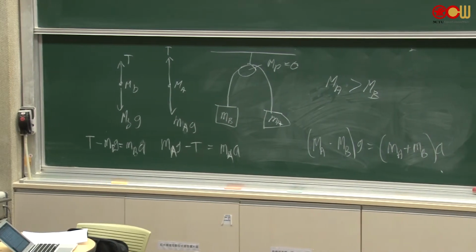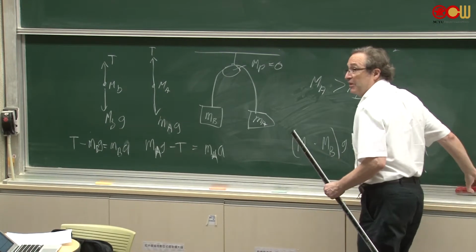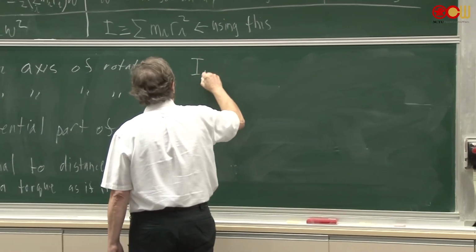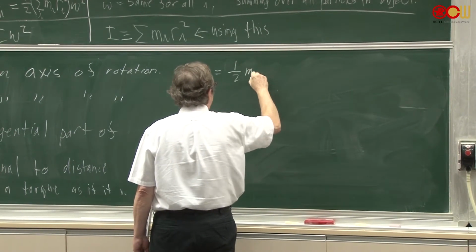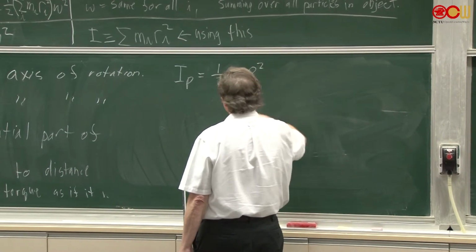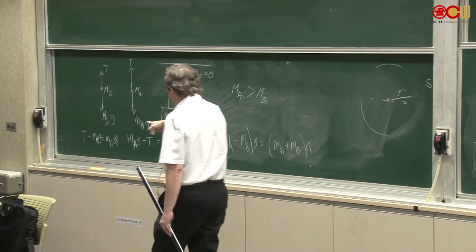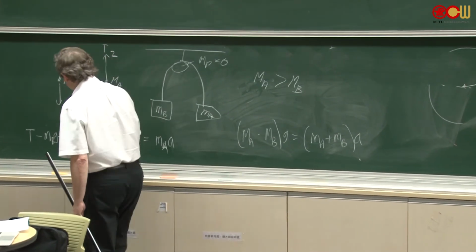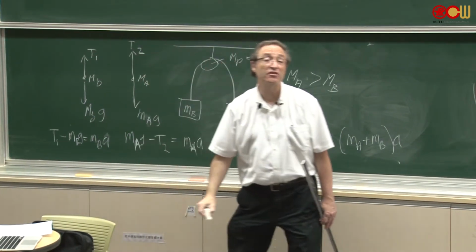Now, let's do it with the pulley having a moment of inertia. And we have to worry about that. So let's say the moment of inertia of the pulley turns out to be 1/2 the mass of the pulley times its radius squared. But we'll just worry about that. So we still have these two equations, but this time T1 and T2 are not necessarily the same.